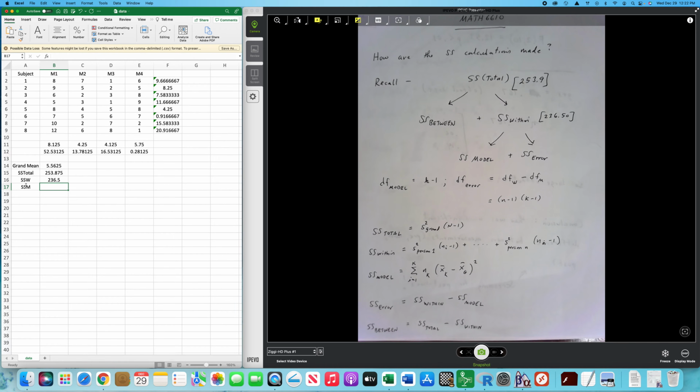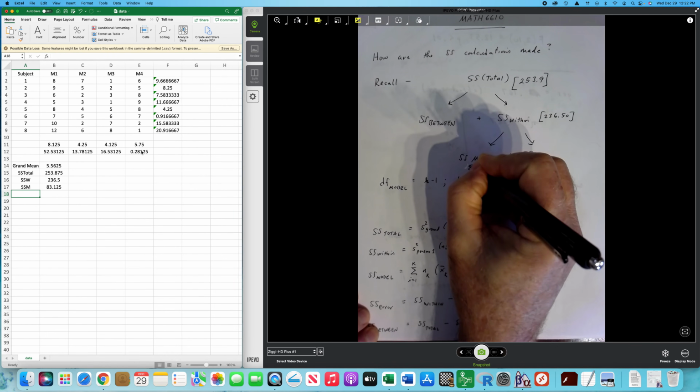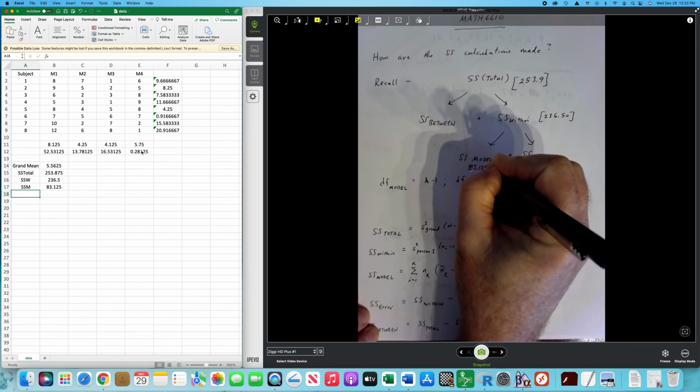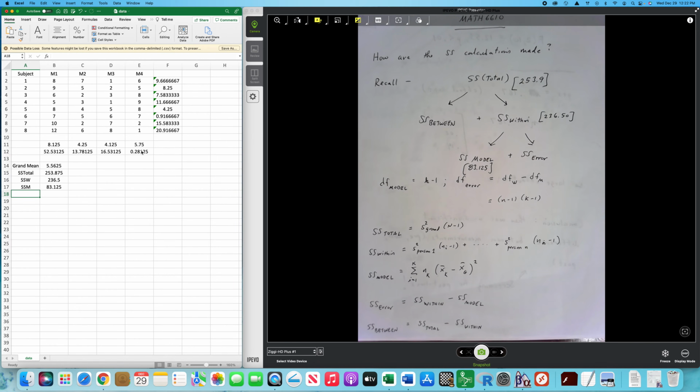So we need the sum of squares for the model. That's just going to be equal to the sum of these values, and I get 83.125. Now, we can easily find the sum of squares for the error.